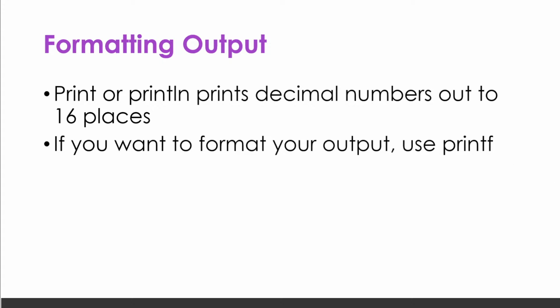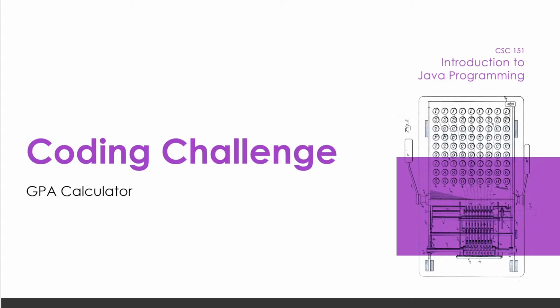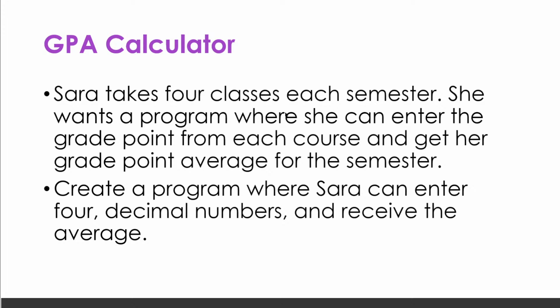Right, so we'll do this as part of a coding challenge, and we'll try to do this coding challenge really quickly. I encourage you all to pause here and read this if you haven't, so you can take a little bit to do this. Just pause here. Sarah takes 4 classes each semester.